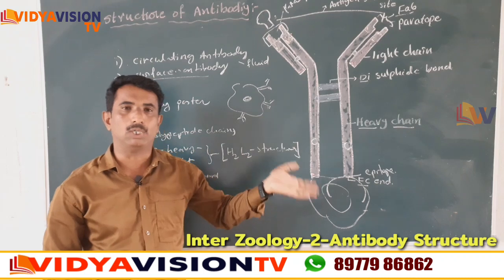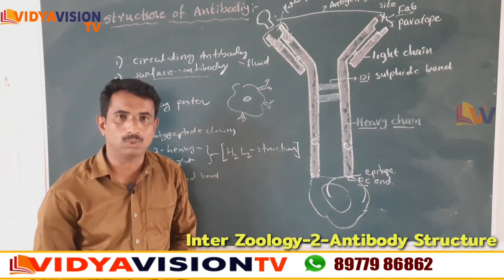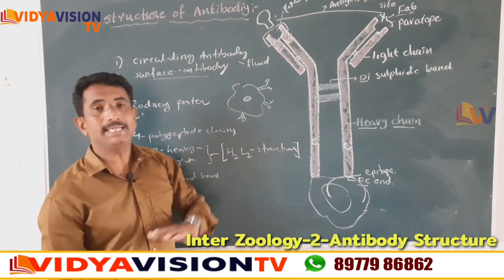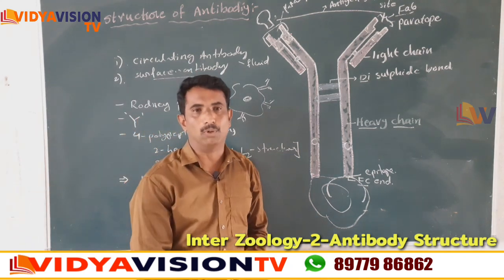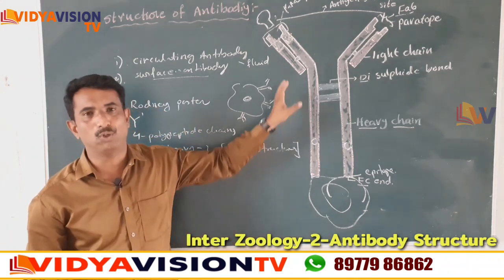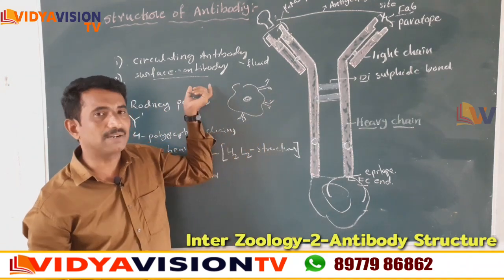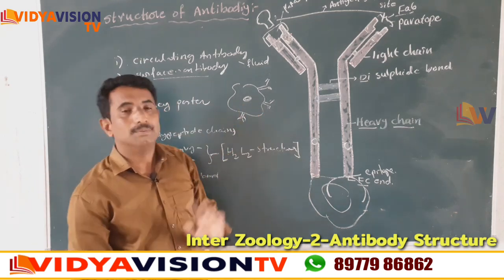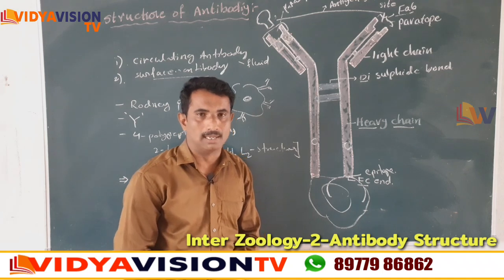One is circulating antibodies, another one is surface antibodies. The circulating antibodies are free antibodies, present in body fluids. The surface antibodies are present on the surface of B lymphocytes or mature B cells.